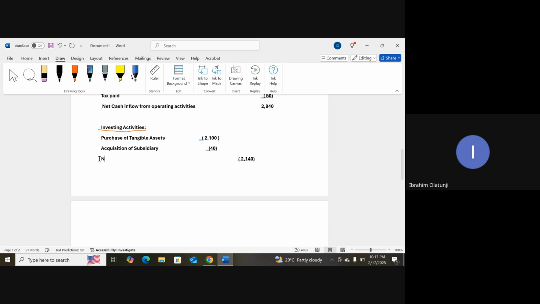It's a net cash outflow from investing activities.